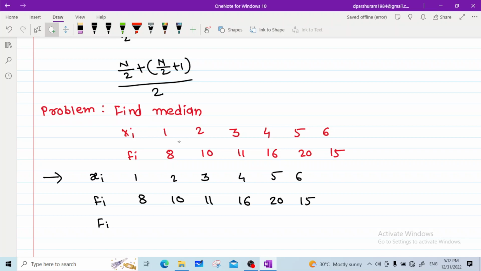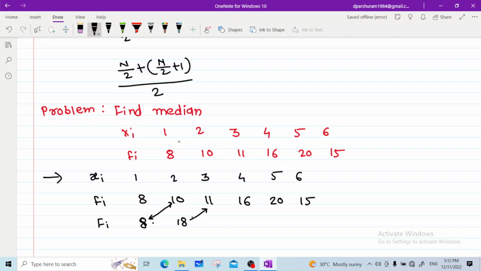And how to find this cumulative frequency? First, write down this frequency 8 as it is. Then cross adding these two numbers, that is 8 plus 10, which is equal to 18.